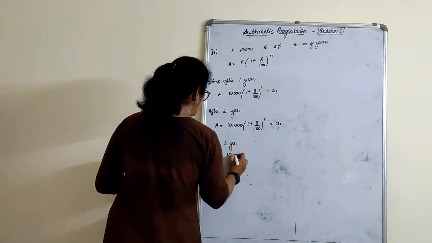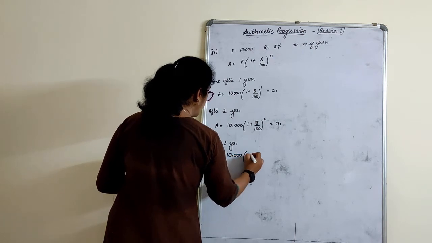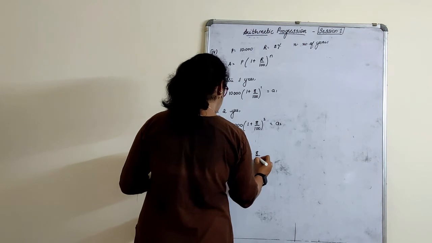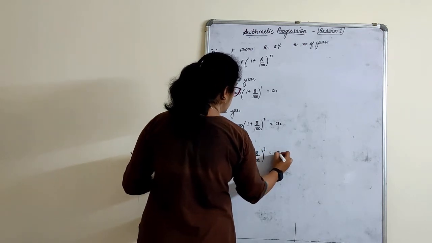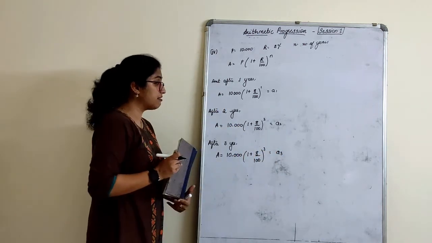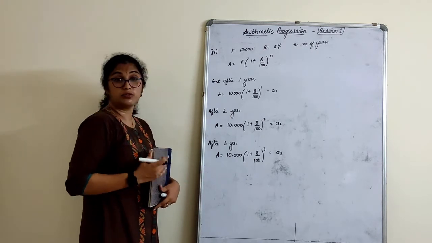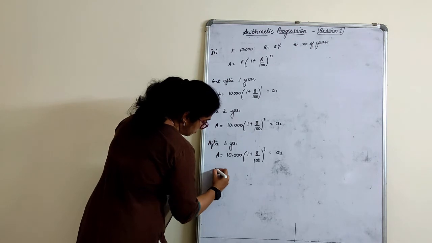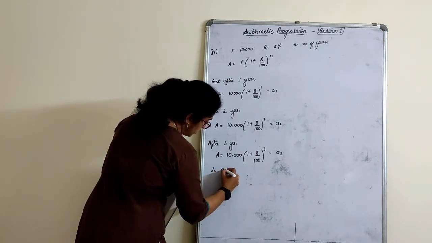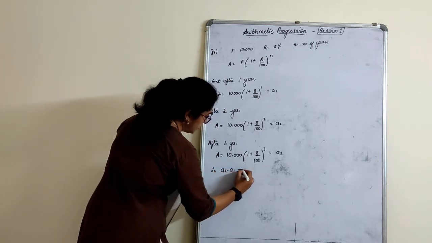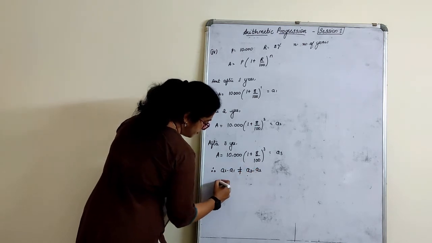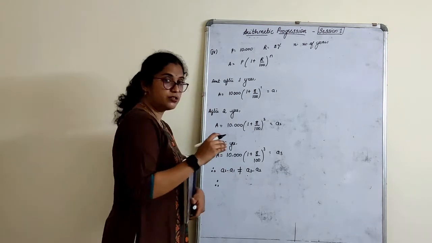A is equal to 10,000 times 1 plus 8 by 100 raised to 3. Do you think raised to 1, raised to 2 and raised to 3 are going to give equal differences? Directly we can say that A2 minus A1 will not be equal to A3 minus A2. Therefore the given situation is not in AP.